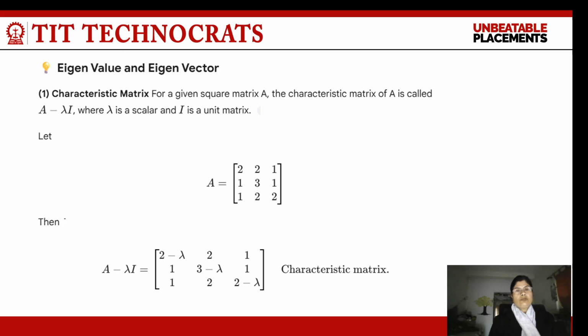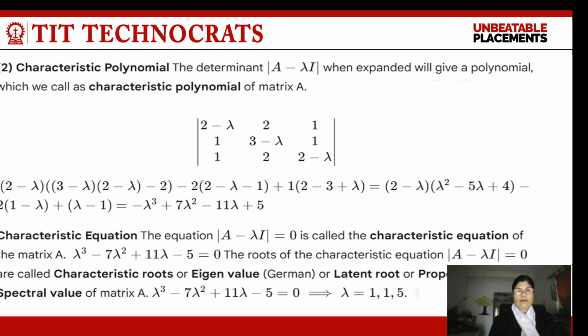Let A is equal to [2 2 1; 1 3 1; 1 2 2], then A minus lambda I is equal to [2 minus lambda, 2, 1; 1, 3 minus lambda, 1; 1, 2, 2 minus lambda]. This is the characteristic matrix.